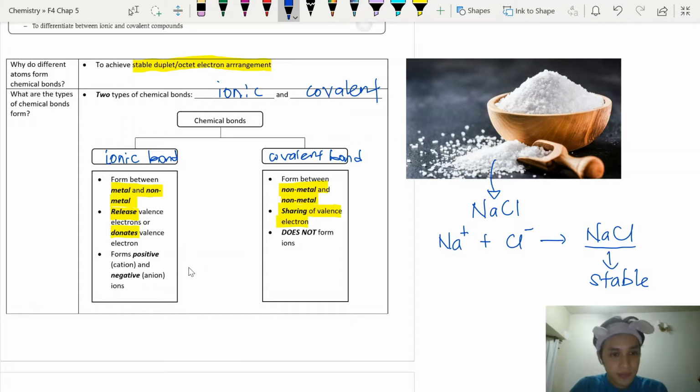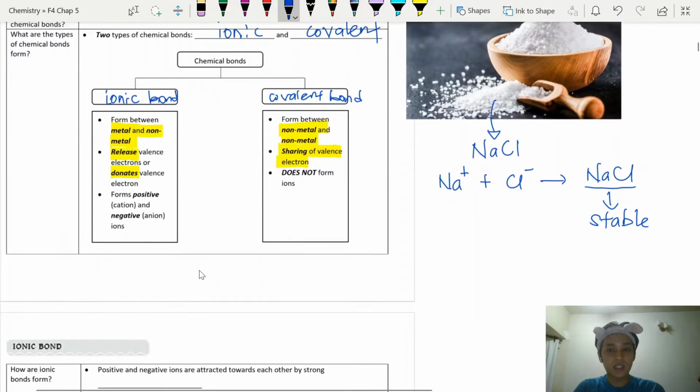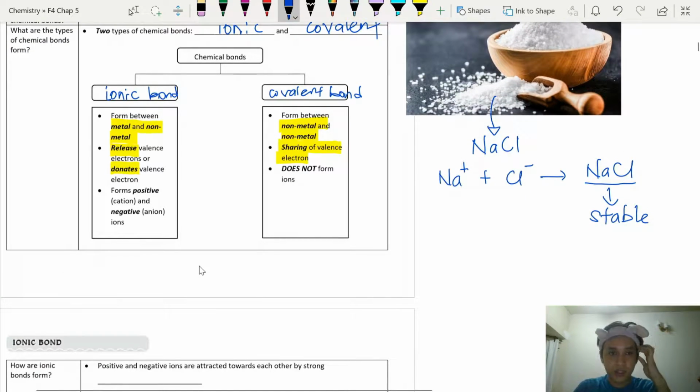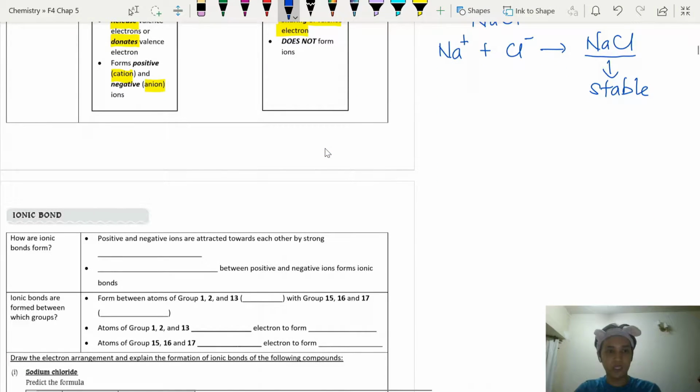That is the brief introduction on ionic bonds and covalent bonds. Here you will form ions, positive ions and negative ions. Remember, positive is called cation, negative is anion. Enough said. Let's go into ionic bonding.